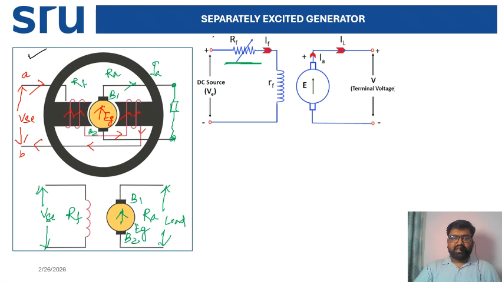That's why one variable resistor is connected in series. You can write here that capital RF is nothing but your variable resistor. Then come to the next.